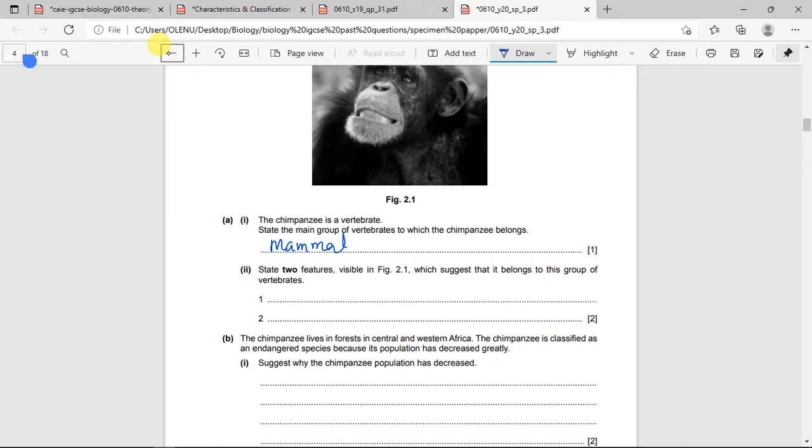Now, state 2 features visible, so that means what I can see, which suggest that it belongs to this group of vertebrates. First, it has fur or hair. Now, look at the ear. It has external ears. You get the mark.